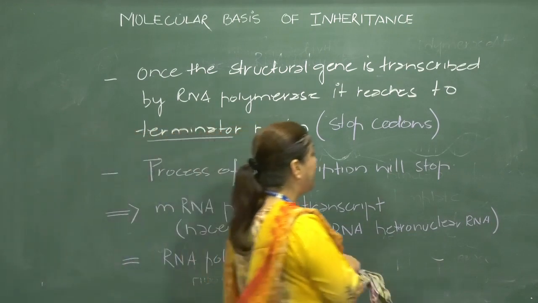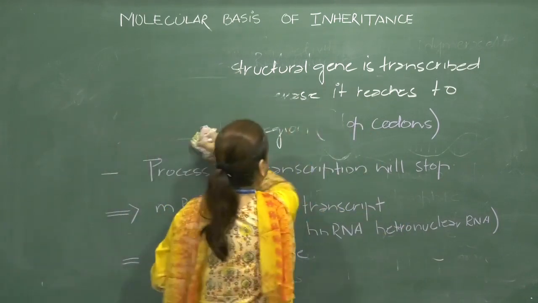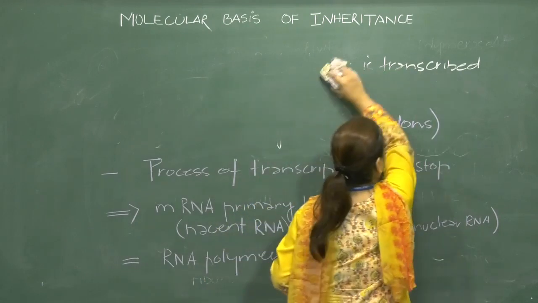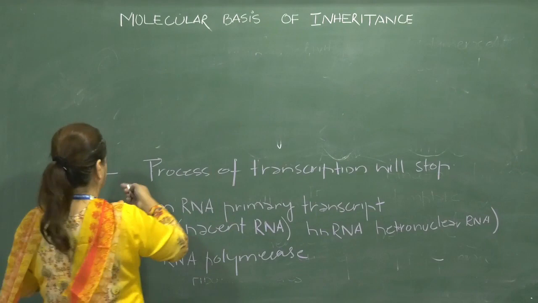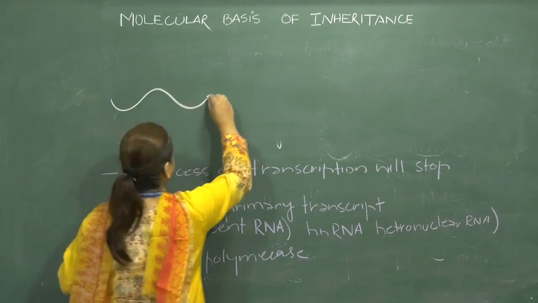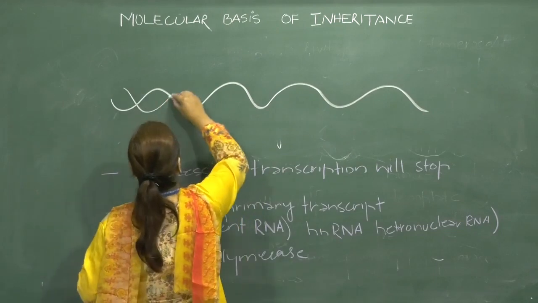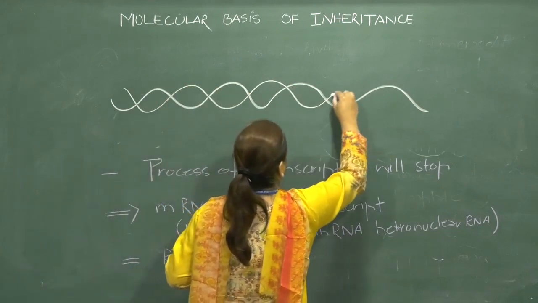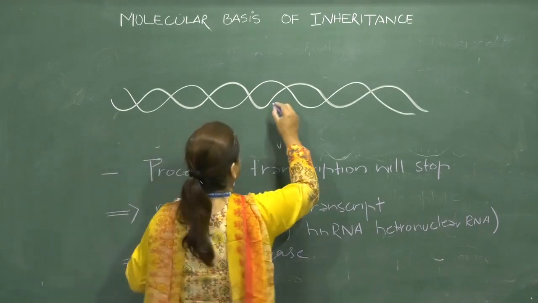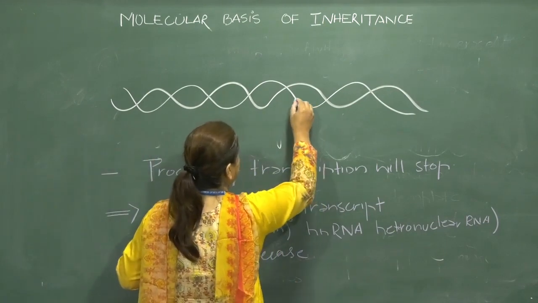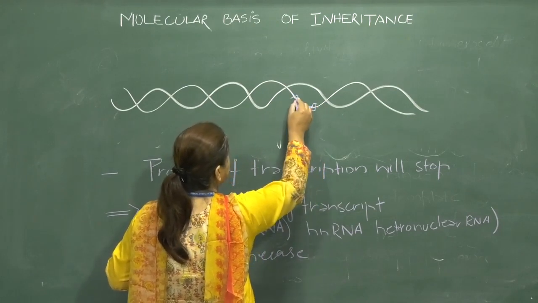Now, let me show you diagrammatically. Suppose this was the area that was to be transcribed, this was the terminator region and this was the promoter region.